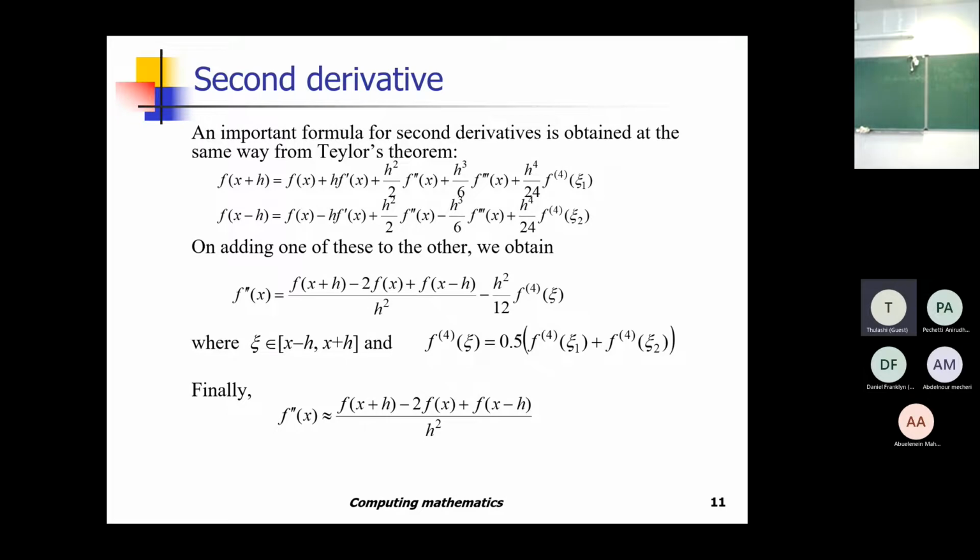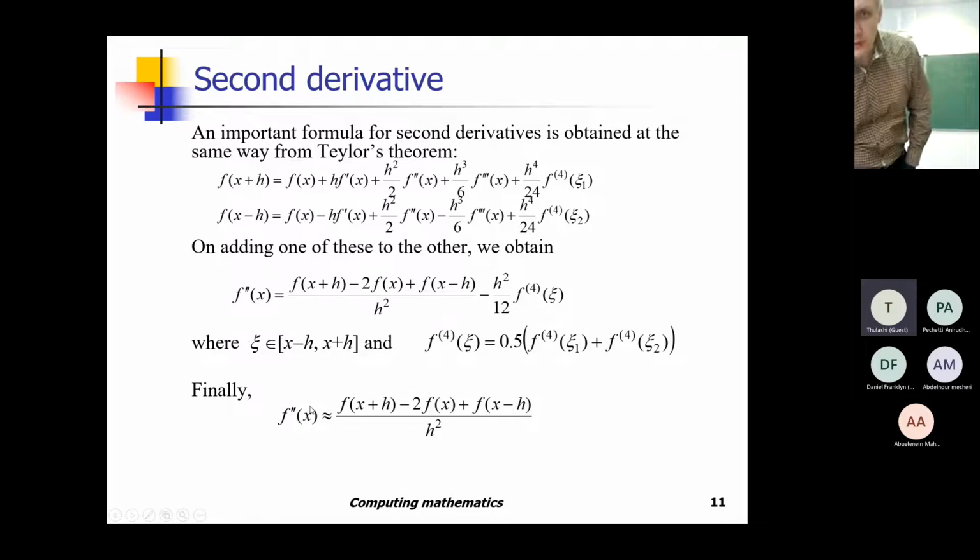Finally, if we eliminate the error term, we get that the second derivative at a point x approximately equals f of x plus h minus 2 f of x plus f of x minus h over h squared.